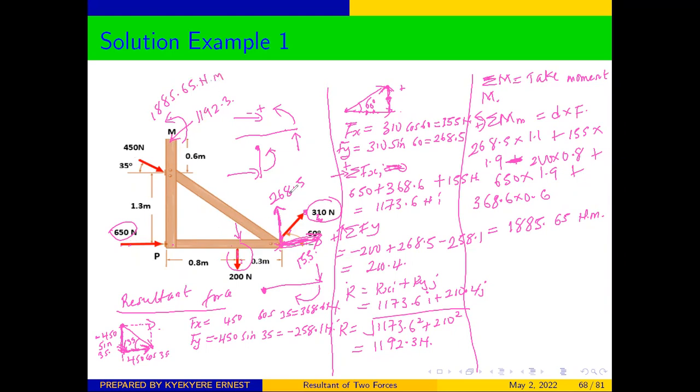So with this, we have reduced all the forces here to only one single force and one moment. That is the A part of the question.